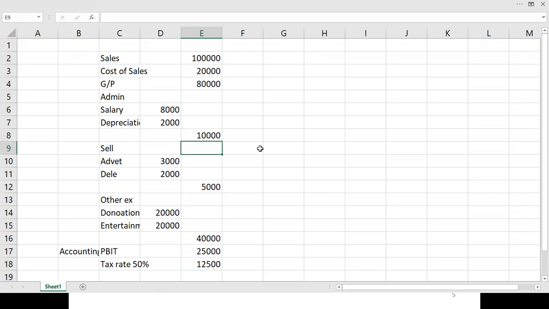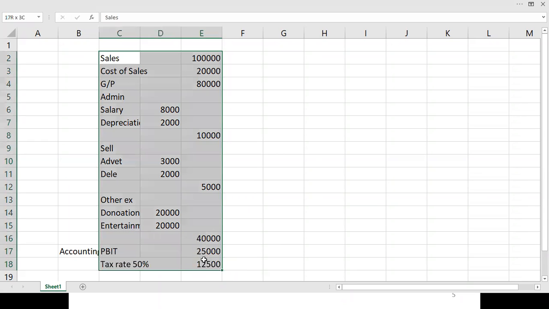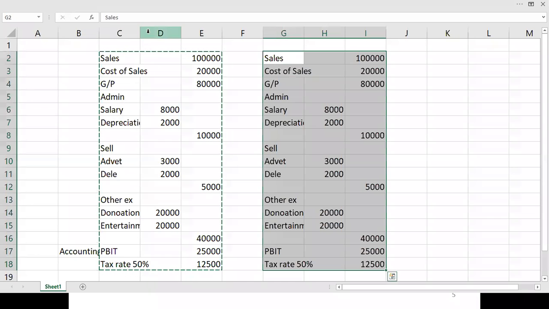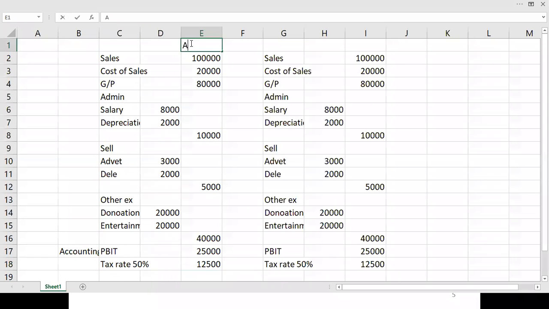Everything is equal. This is company A, this is company B. Same machine, right? For the same machine, this company allocates depreciation of 2,000. For this company, depreciation is charged at 4,000.